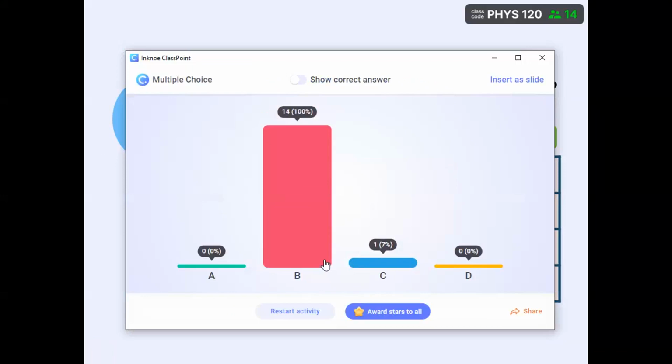The right answer is B. The unit of the velocity is meter per second. The unit of the time is second. The unit of the position or displacement is meter, and the unit of the acceleration is meter per second squared. Good.